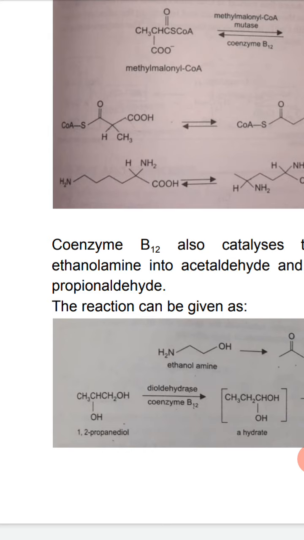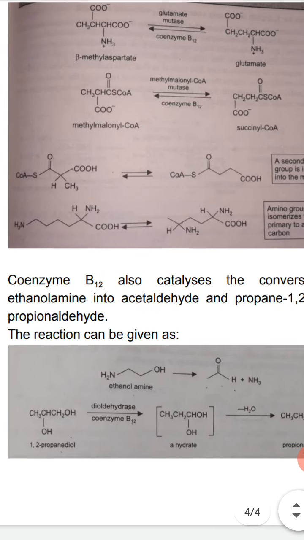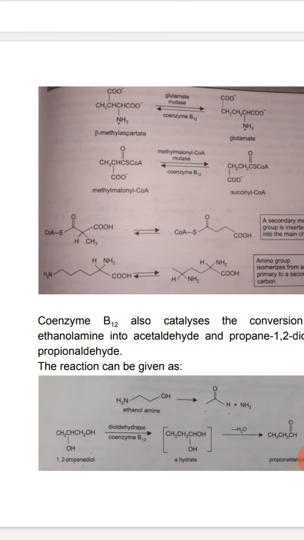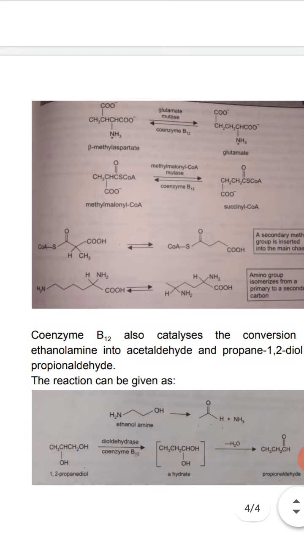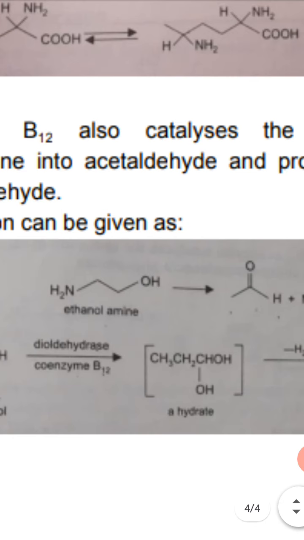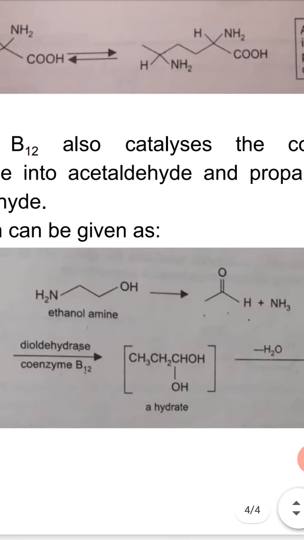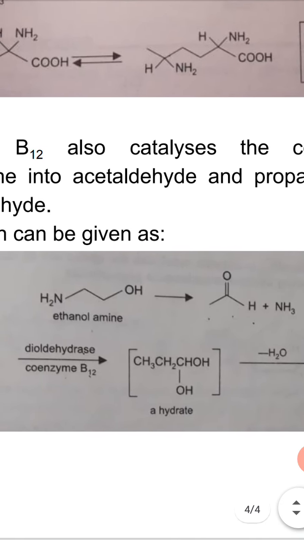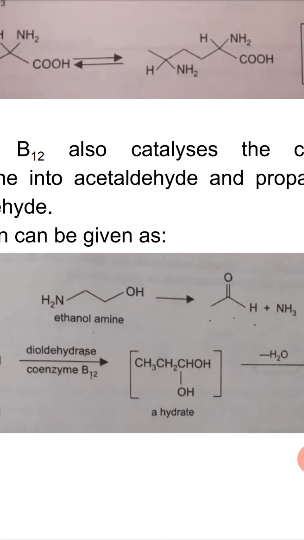There is another type of reaction given by coenzyme B12. We know that coenzyme B12 also catalyzes a reaction in which ethanolamine is converted into acetaldehyde, and propane 1,2-diol to propanaldehyde. Here we see the reaction in which ethanolamine is converted into acetaldehyde, CH3CHO, and ammonia is formed.